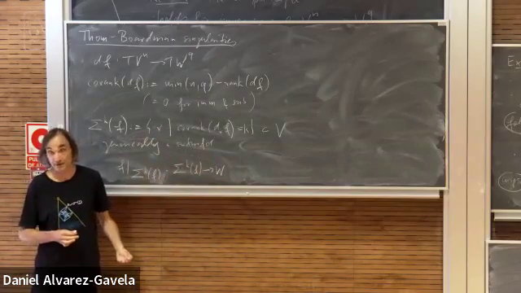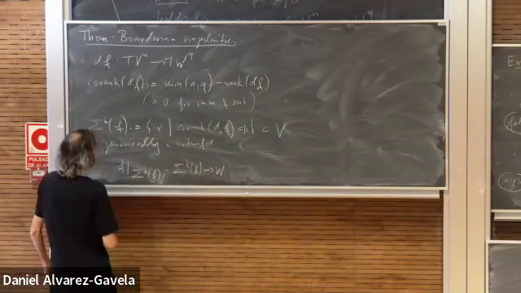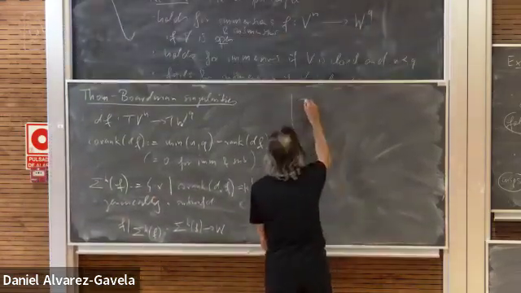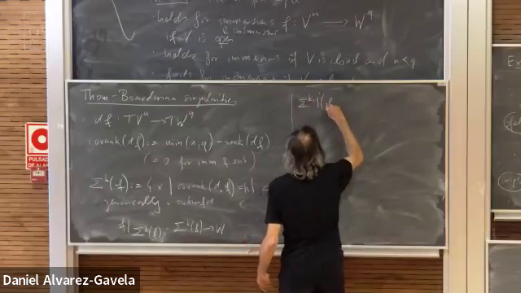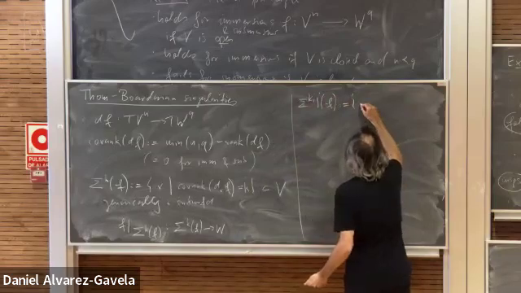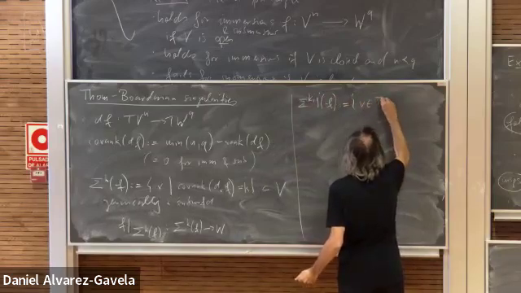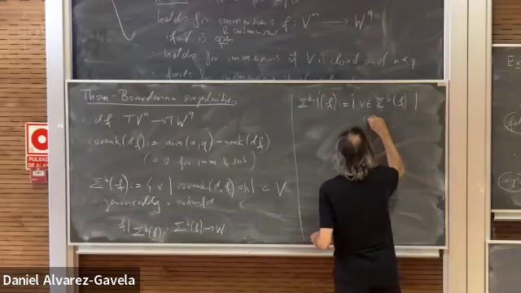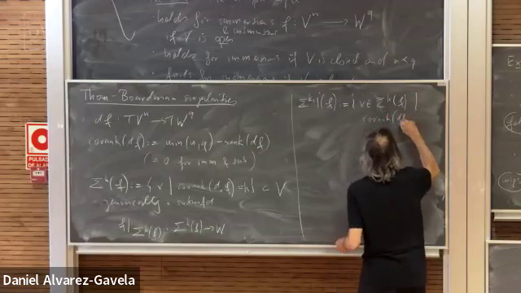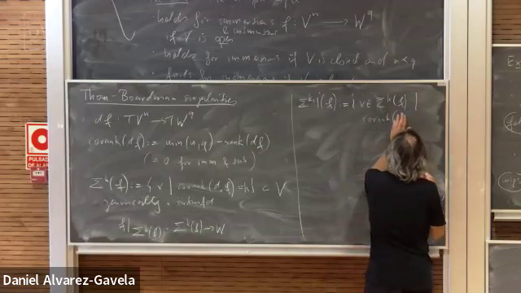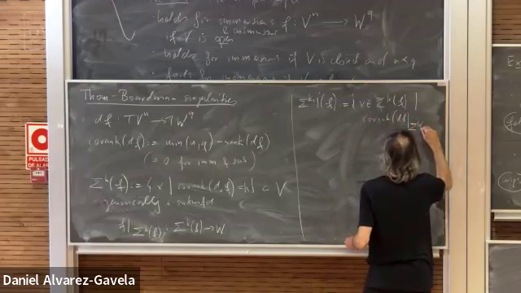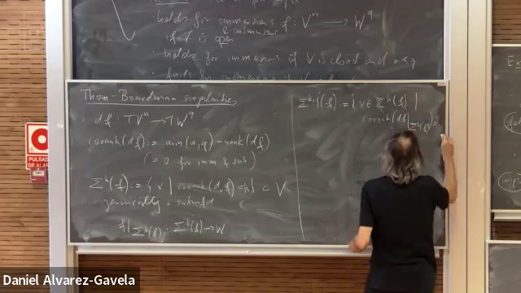So we can define its co-rank, and we can define sigma k,j of f to be the points v in sigma k of f, where the co-rank of the differential of f restricted to sigma k of f is equal to j.